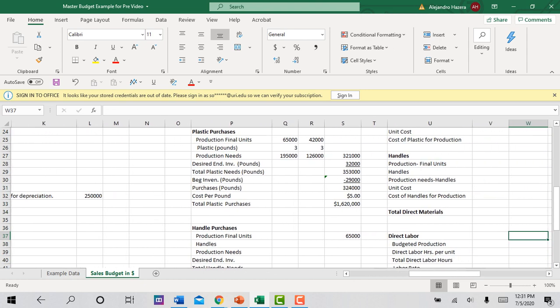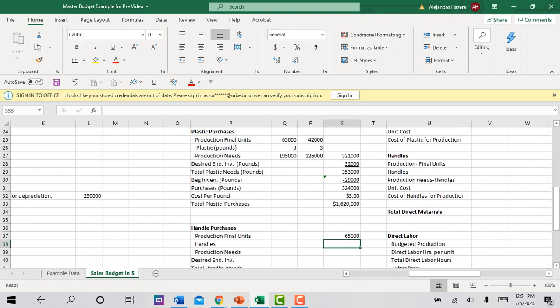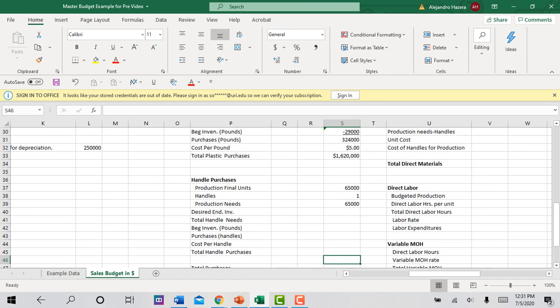So we're going to make 65,000 drills. Okay, there's only one handle for each one. We know that. So our total production needs are going to be 65,000 times 1, so we're going to have to purchase 65,000 handles just to meet production needs, assuming we won't have any inventory to cover it.